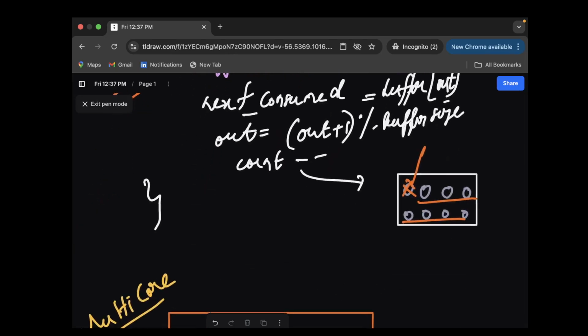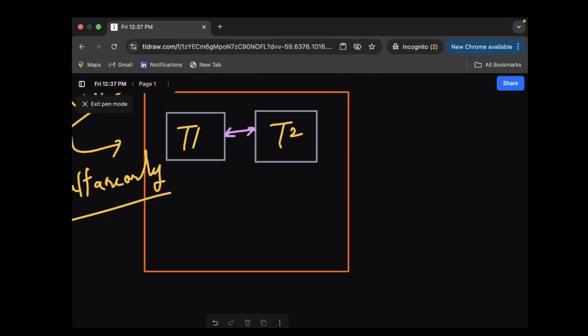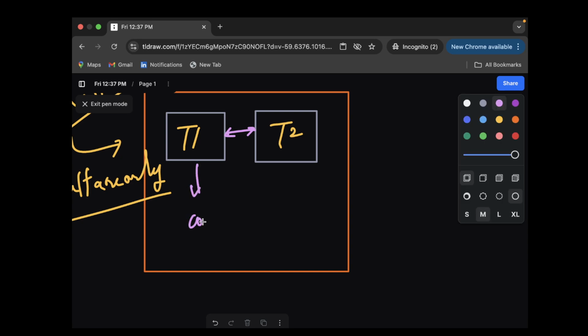The moment we have concurrency, we need to communicate between each other, right? Because if no communication happens, then this might increase the count, although there might be no space available here. We don't want that to happen, right?